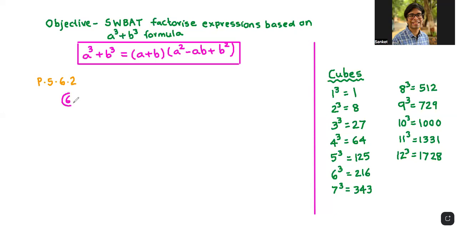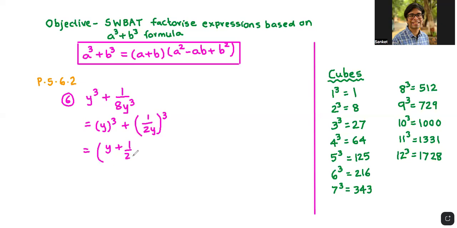The 6th problem is y cube plus 1 upon 8y cube. I can write this as y cube plus 1 upon 2y, the whole cube. Now I've identified my a and b, so I'm just going to use my formula a plus b, a square minus ab plus b square.